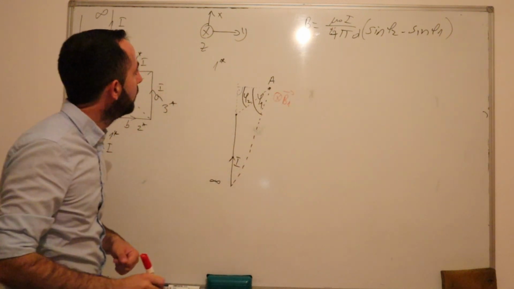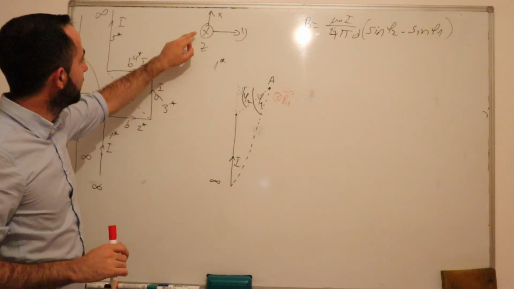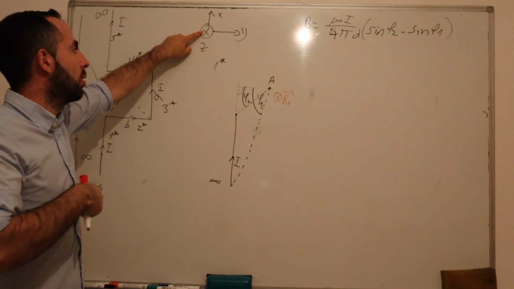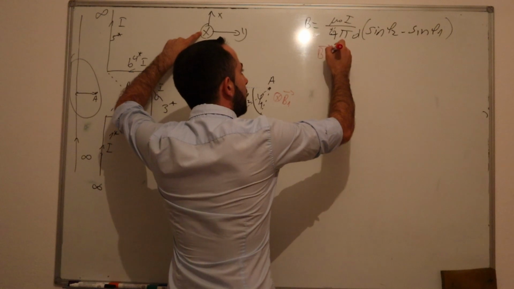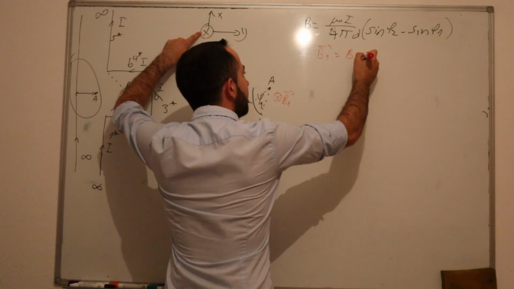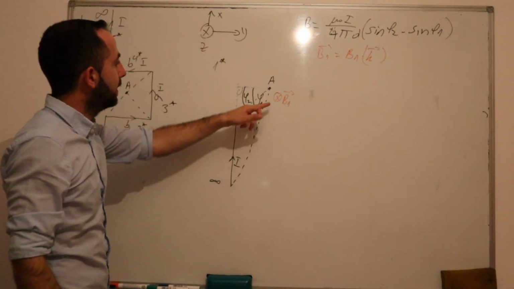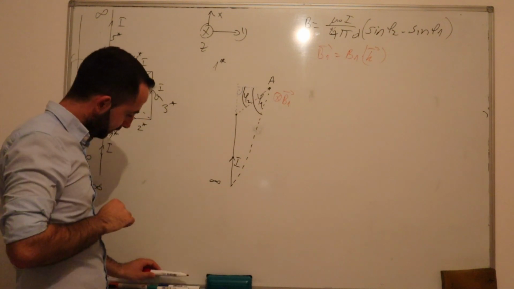This is our B1, which means it is directed in the positive direction of the axis. So B1 equals its intensity times the unit vector k, plus, because it has the same direction as the z-axis.